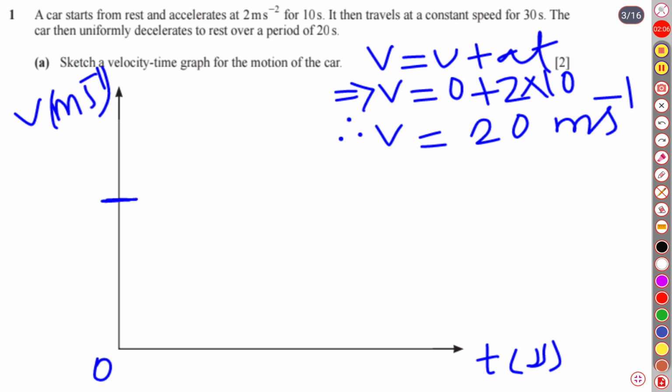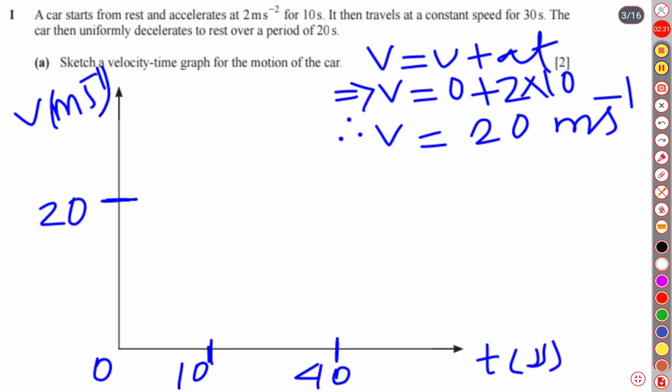Let it be 20 over here. Then let's read the question once again. The car continued moving with the uniform acceleration until 10 seconds. So first 10 seconds, let 10 be over here. Then it travels at a constant speed for 30 seconds. So 10 plus 30 means it will be 40 seconds. Let it be 40 over here.